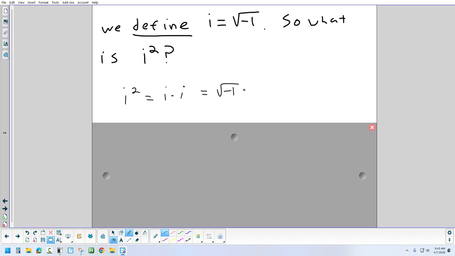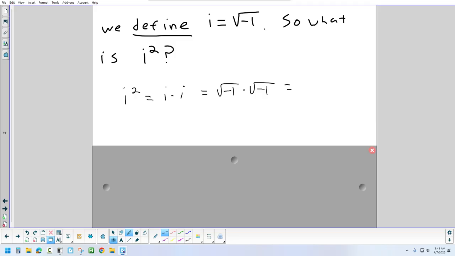So that's the square root of negative 1 times the square root of negative 1. What happens when you multiply 2 square roots together? They cancel each other out. Right? Like if I did, let's say, the square root of 9 times the square root of 9, that's like saying the square root of 9 to the second power.